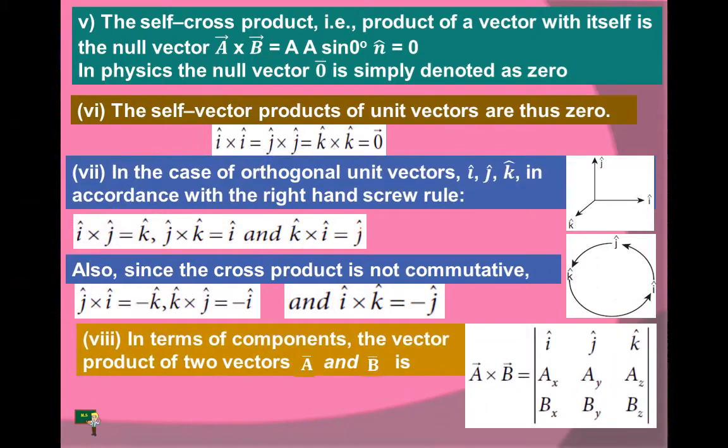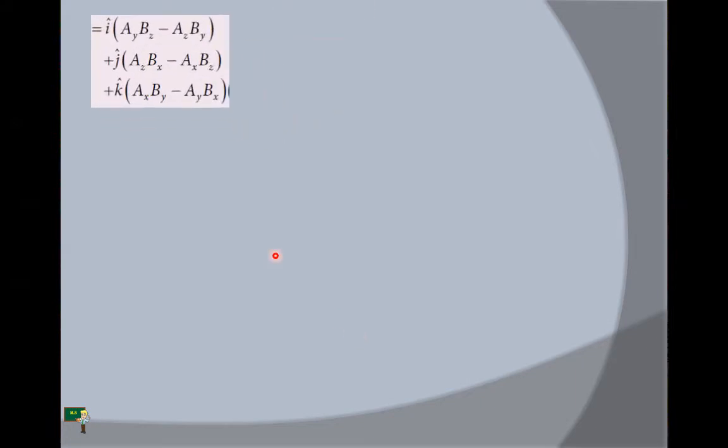Eighth one, in terms of components, the vector product of two vectors A vector and B vector, we use matrices. A vector into B vector is equal to, writing it as a matrix, I cap into AY BZ minus AZ BY.